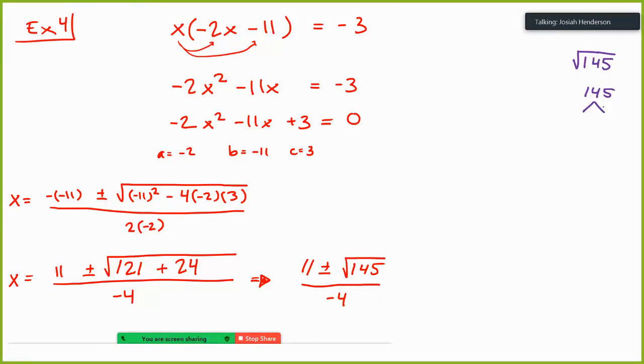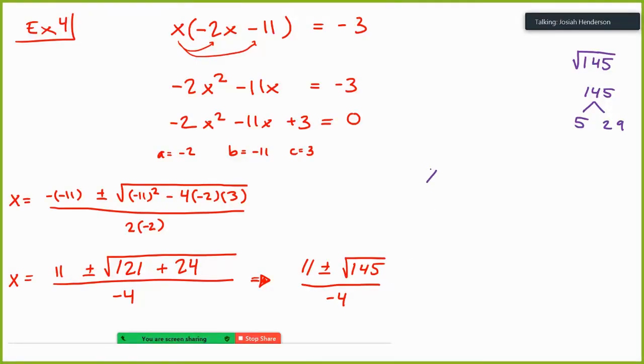It has a 5 at the end, so that means I could divide it by 5: 5 and 29. Good news for us again is that since 29 is prime, meaning it can't be broken down, it's just 1 and 29. That means we can't reduce or clean up the square root of 145. So we've solved it. We're basically done.